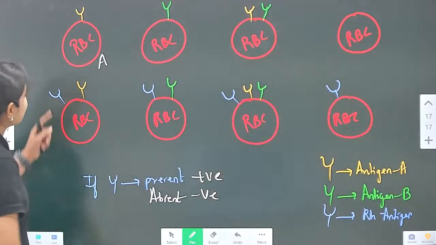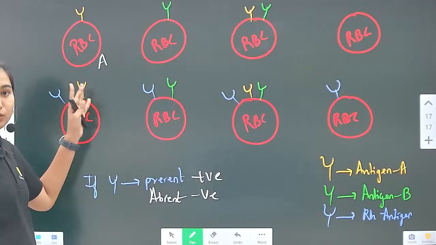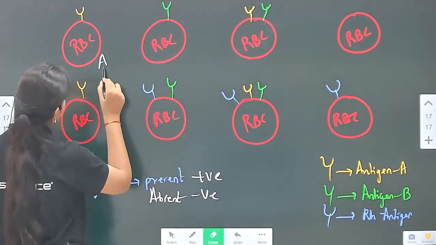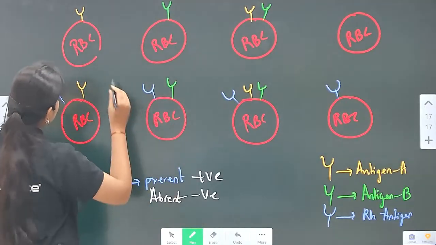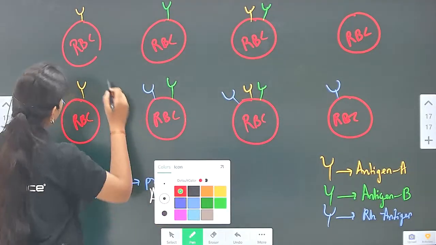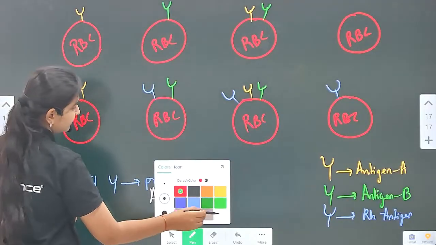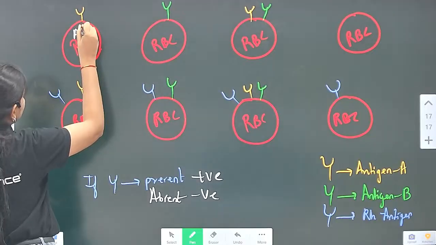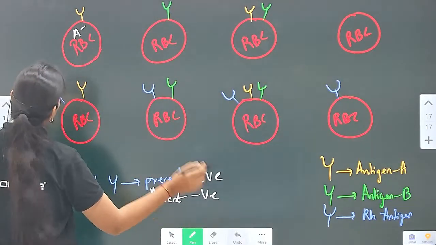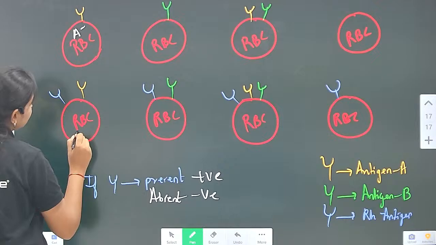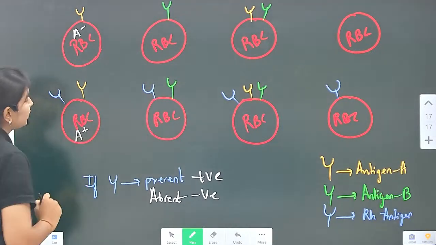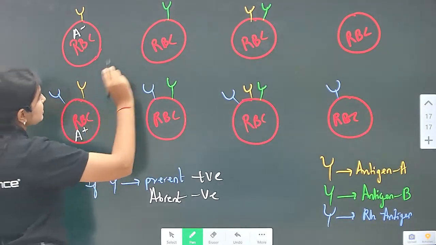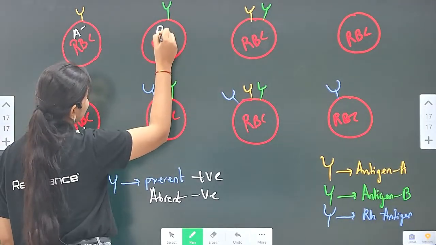Now, what is present? Only antigen A is present, right? So this is your A positive. Got it? This is A negative, because you don't have this RH. This is A positive because you have this RH factor. This is the B antigen, so this is B negative.